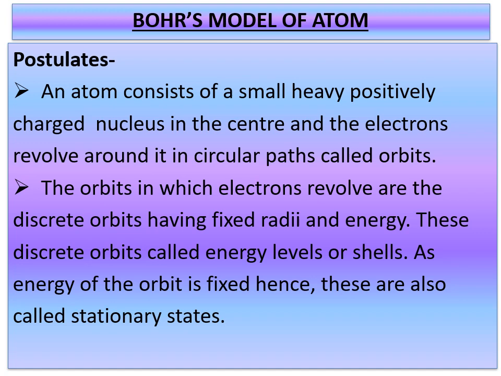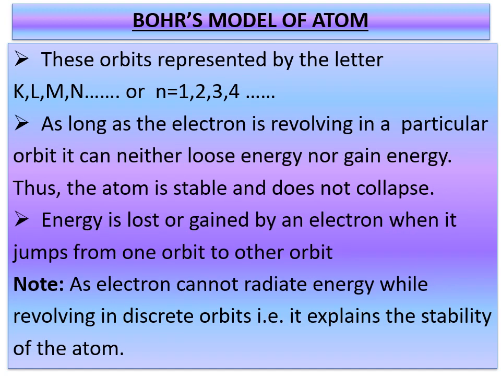These discrete orbits are called energy levels, or we can call them shells also, children. As the energy of the orbit is fixed, these are also called stationary states. This part you have to remember. In Bohr's model of an atom, the orbits are represented by the letters K, L, M and N, and you always have to write them in capitals only.